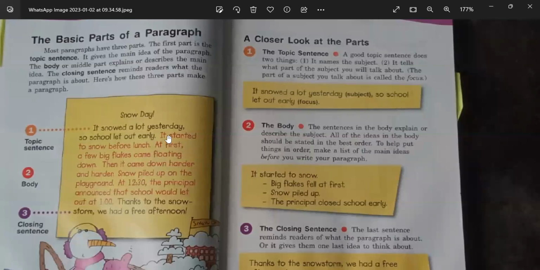So the body explains what happened in the topic sentence, like it started to snow before lunch, and at first a few big flakes came floating down. Then it came down harder and harder. Snow piled up on the playground. And then at 12:30, the principal announced that school would let out at 1 p.m.